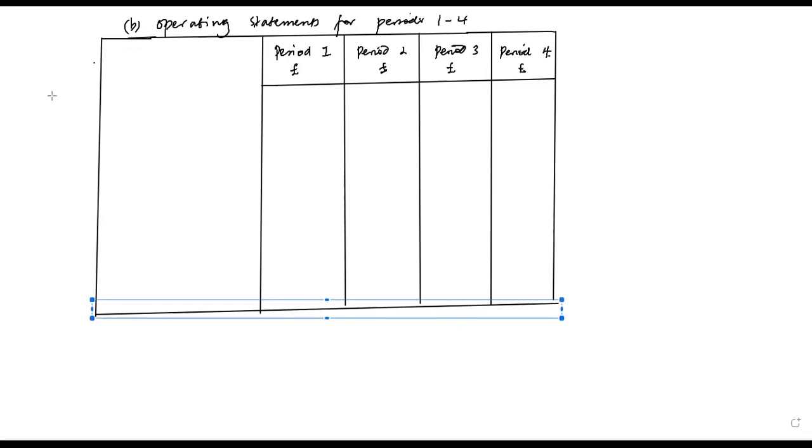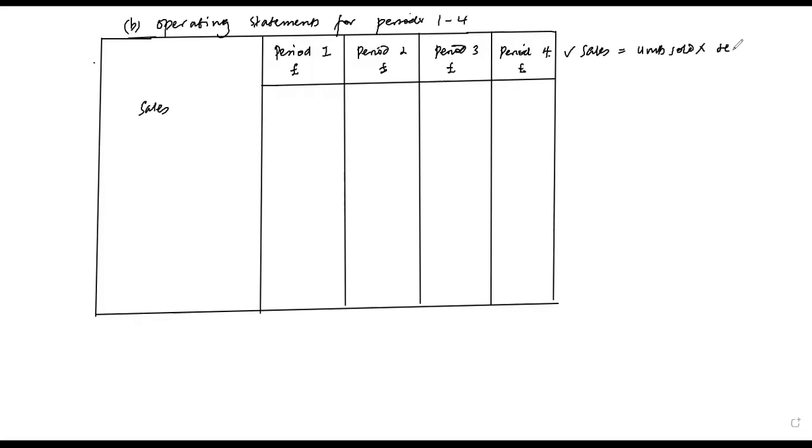So that's our profit statement. As you know, start with our sales, don't forget. I advise you to first watch the other video about marginal costing, because you'll see the hint on how to come up with the different items in our statement. But of course, we started with sales, and sales equals our units sold times the selling price.